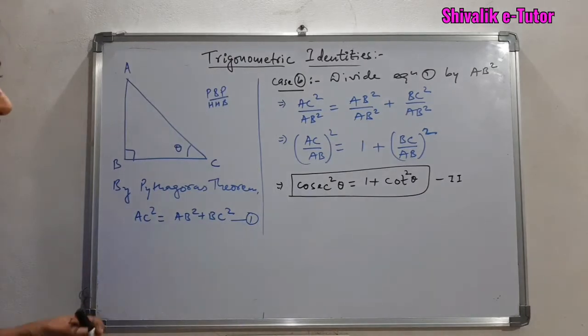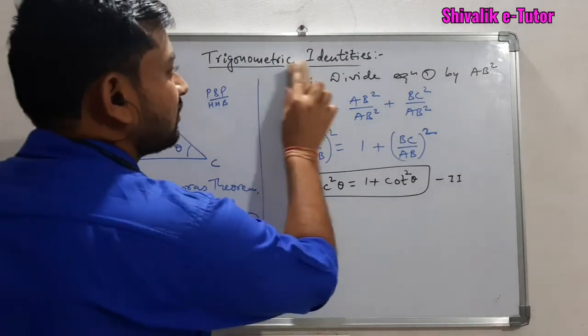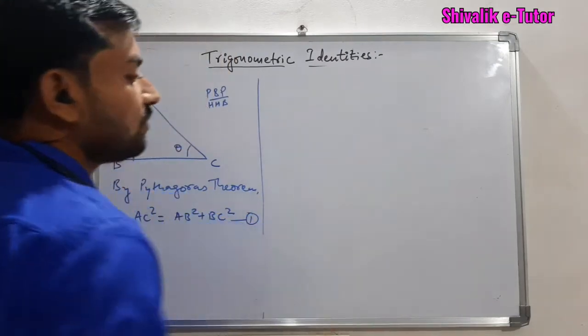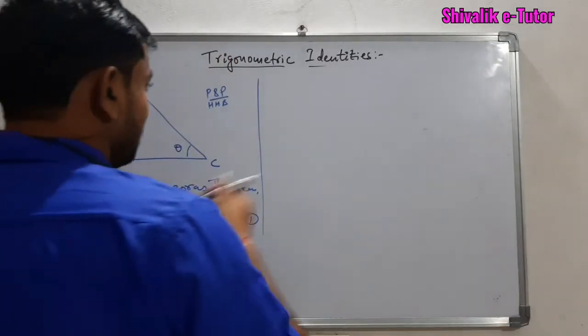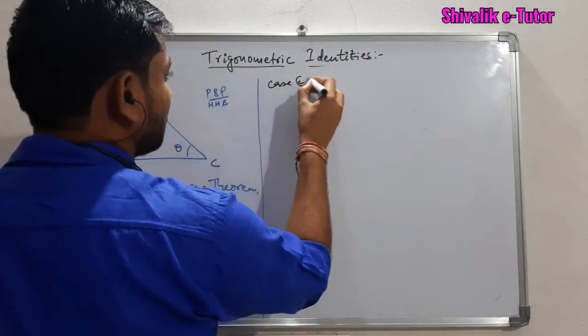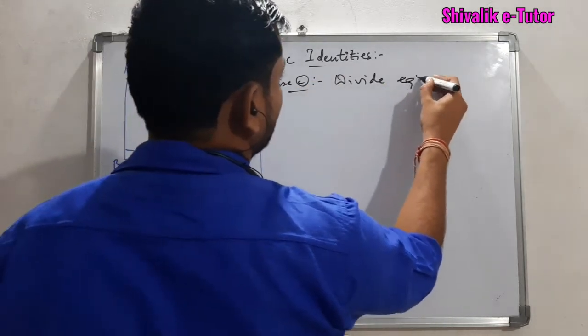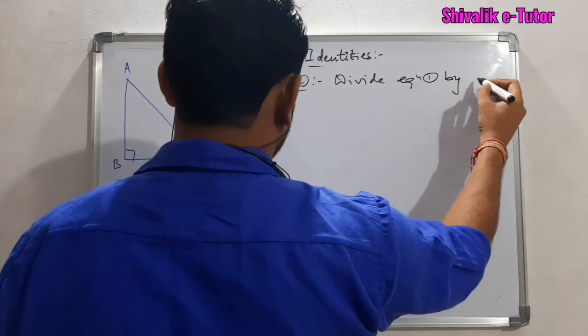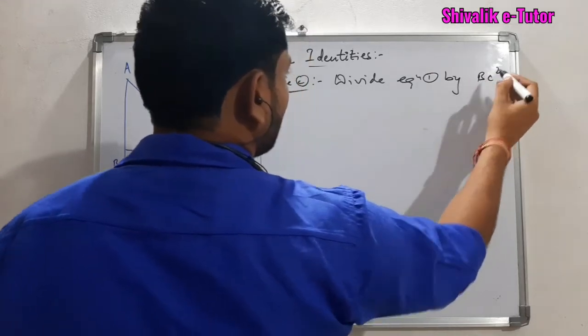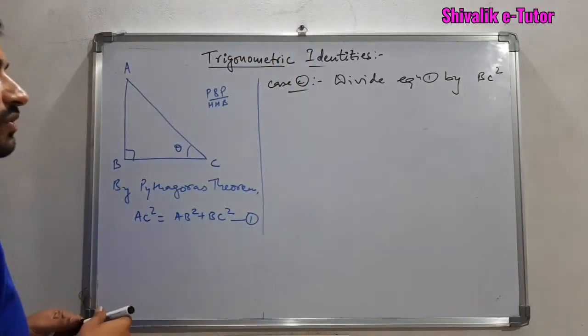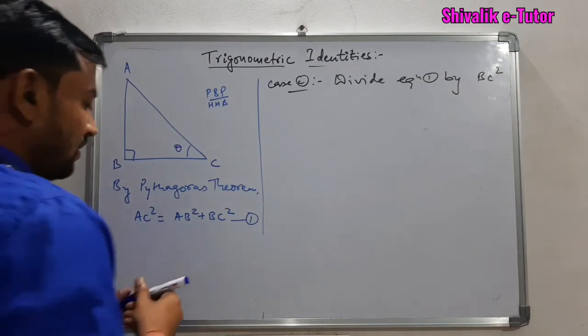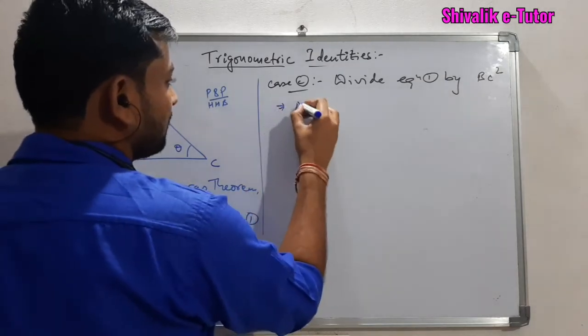Now let us come to the third case. The last thing we have to do here is case 3: divide equation 1 by BC square. So let us divide this.